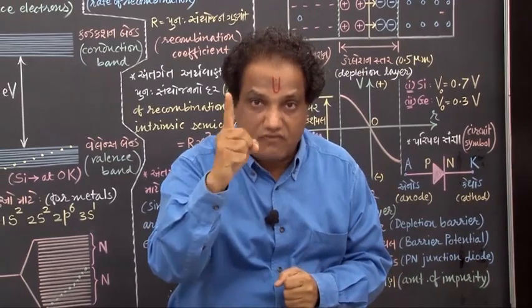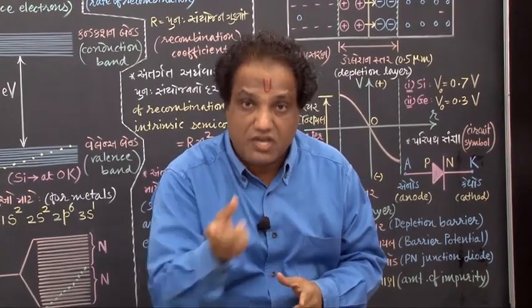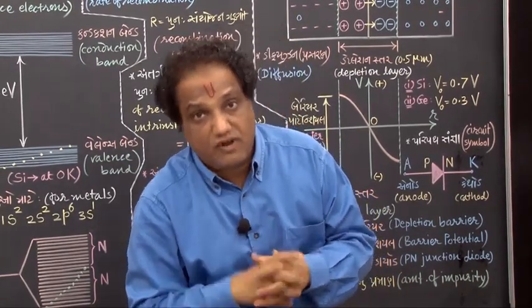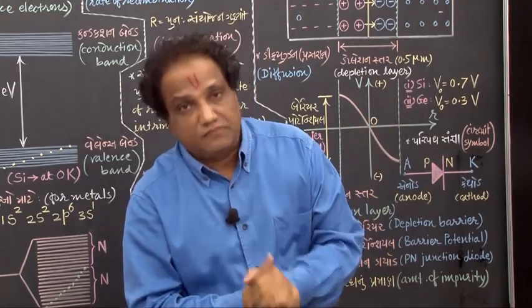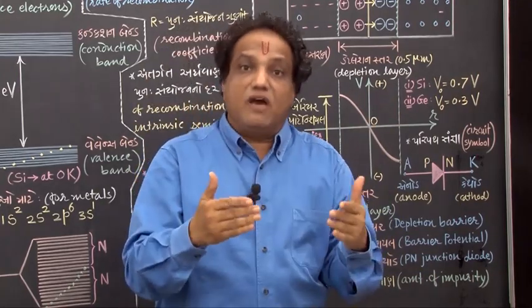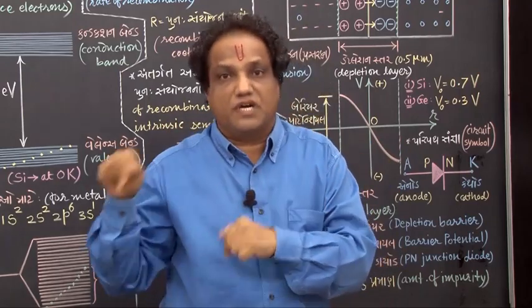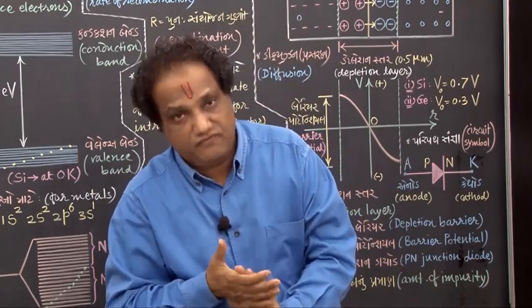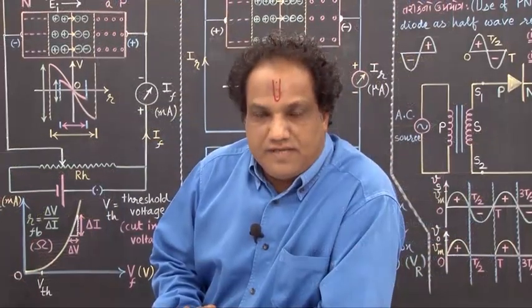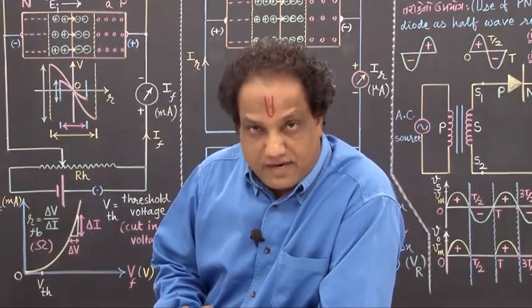The graph of current versus voltage is different if you change the amount of impurity, and depending on that we will have new semiconductor devices which we are going to study in this chapter. Okay, let us now see the next article.